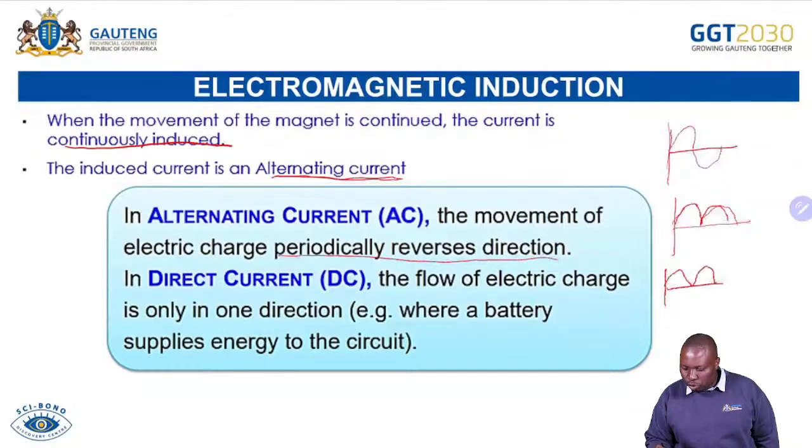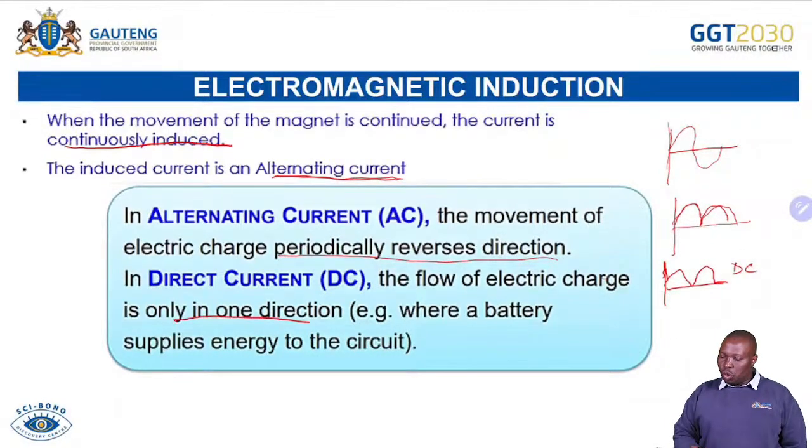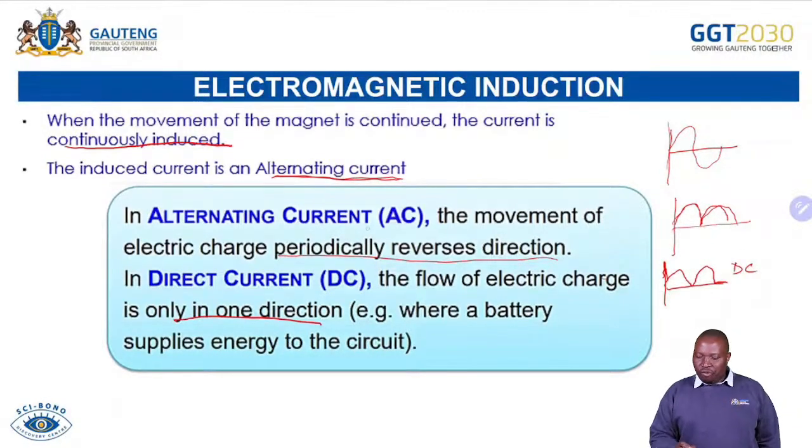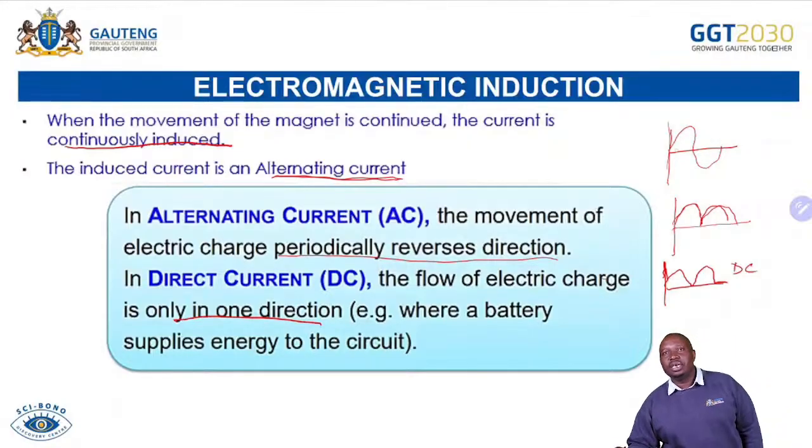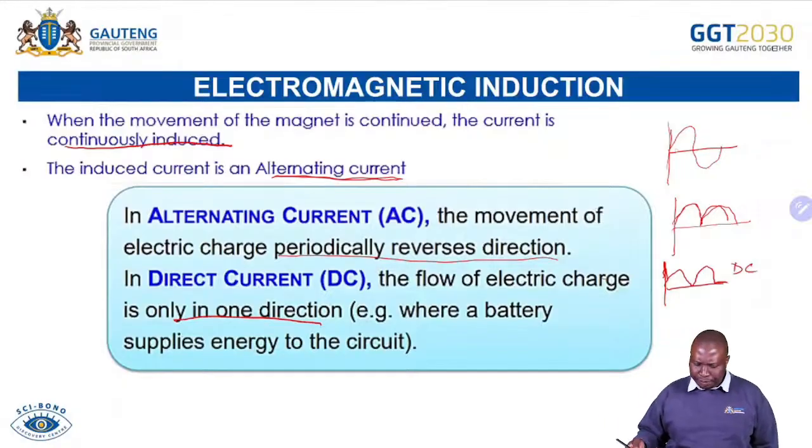That will be direct current, in one direction. The flow of electric charge is only in one direction. But for alternating current, the movement of electrical charge periodically changes. So you can see it reverses direction like that. So you are able to see the AC graph and the DC graph.